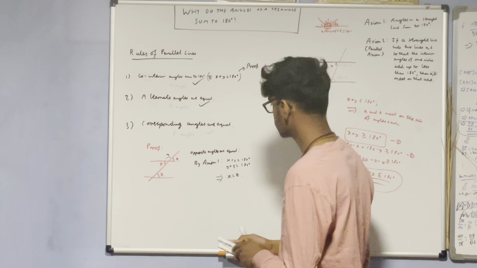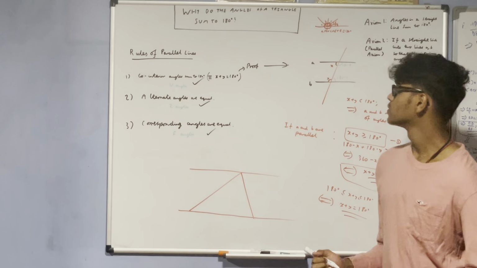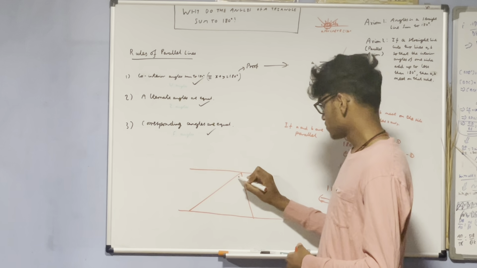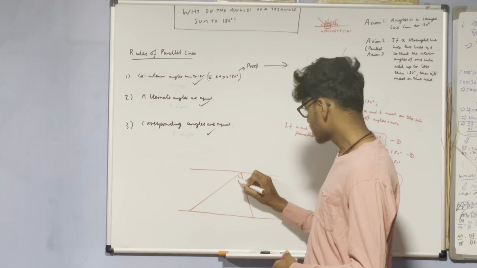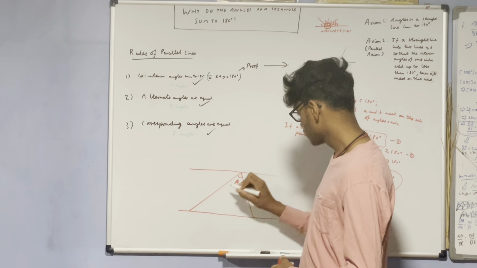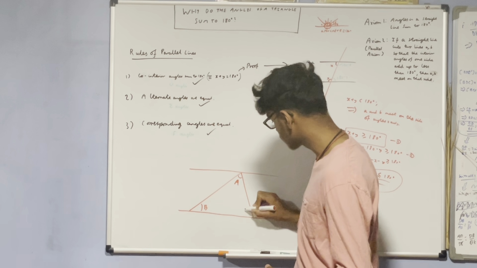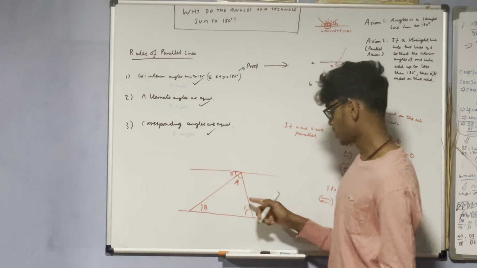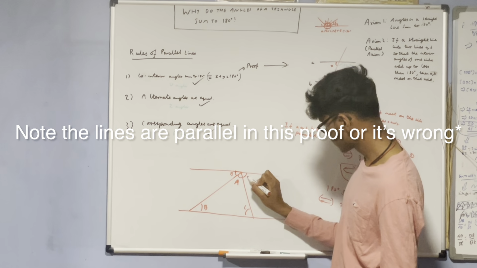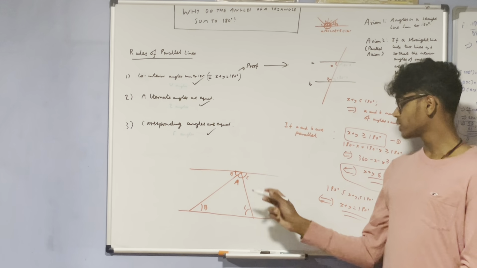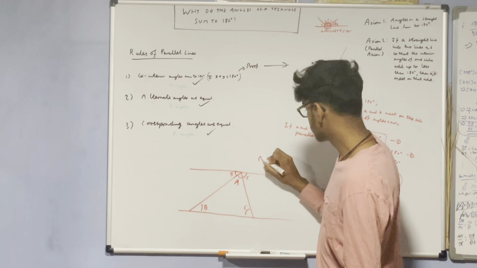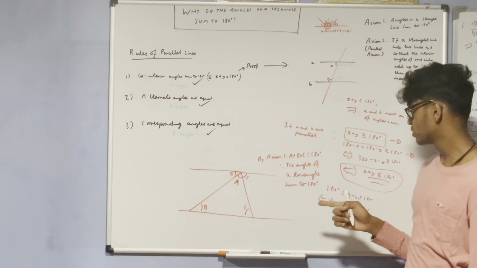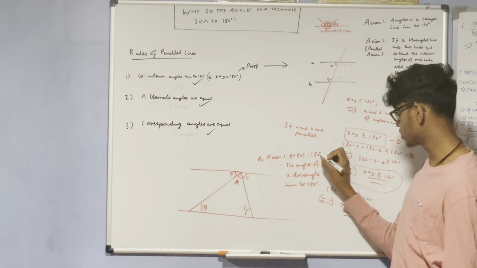Corresponding angles are equal. Okay, so for why do angles of a triangle sum to 180 degrees? We've got this angle, let's let this angle be A, this angle is B, and this angle is C. By alternate angles, this is B. Again, by alternate angles, this is C. And then by axiom 1, I keep saying axiom 2, by axiom 1, A plus B plus C is equal to 180 degrees.